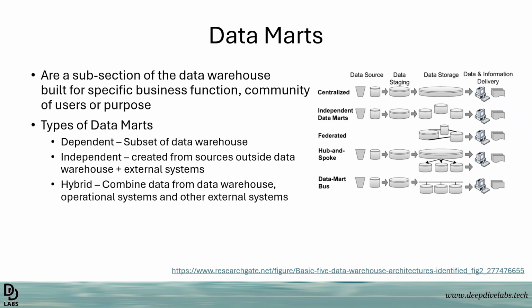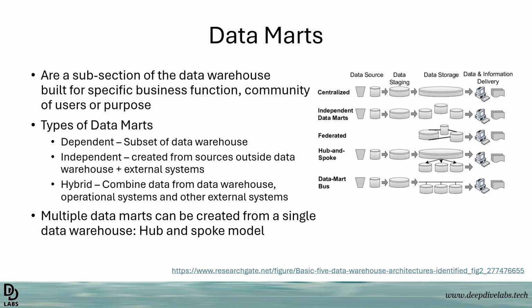Typically data from your data warehouse is used, and some external systems which don't store data in your data warehouse are also used. Those are your independent data marts. And then you have a hybrid set of data marts which combine data from the data warehouse, some data from the operational system which the data warehouse didn't necessarily need, or other external systems.